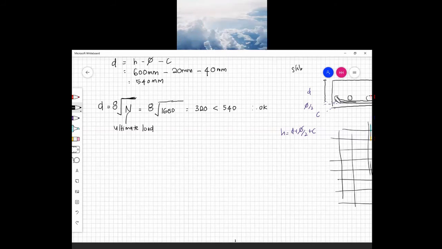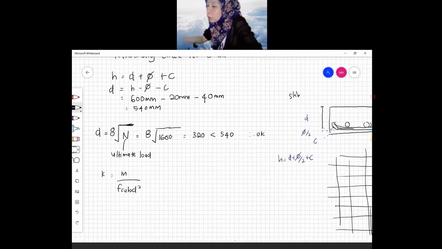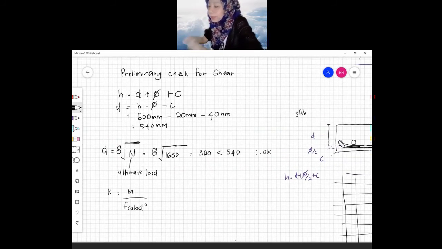Ya. We need to calculate the value of K. So K equal to M divide by fcu bd square. Okay, as usual lah. We dah kira moment. Then kita akan proceed kira K. So kita dah on this part of preliminary check dah settle lah.